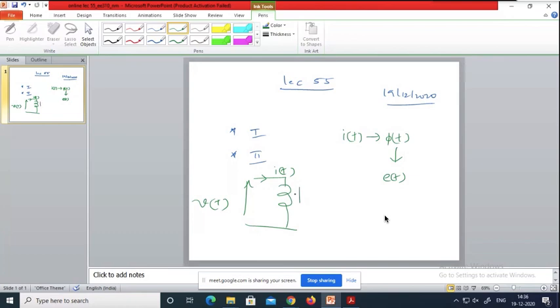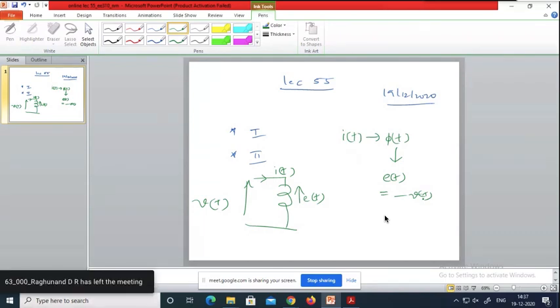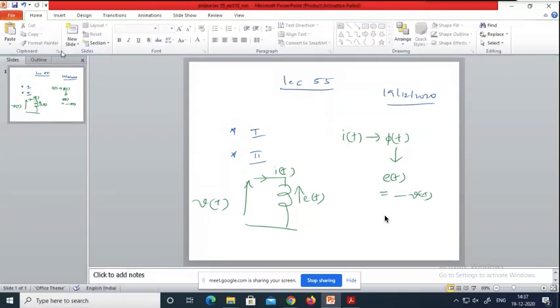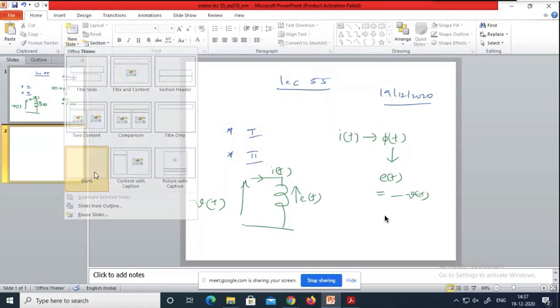This E of t will oppose the cause producing it according to Lenz's law, so it will be opposite to the supply voltage V of t. So this is Faraday's first law and Lenz's law. This is about a single coil: a current carrying conductor generating EMF.